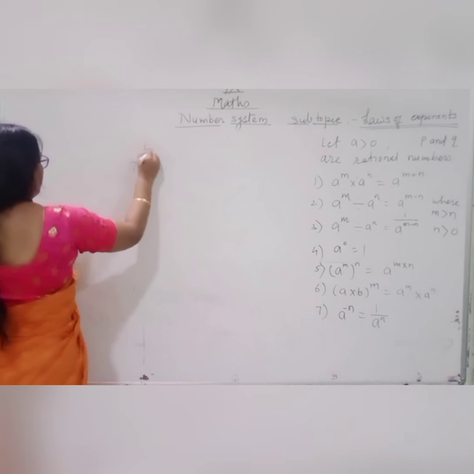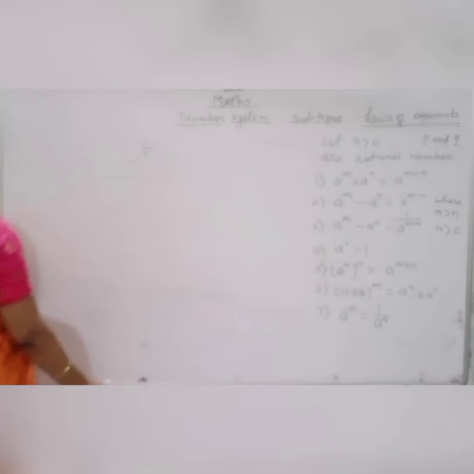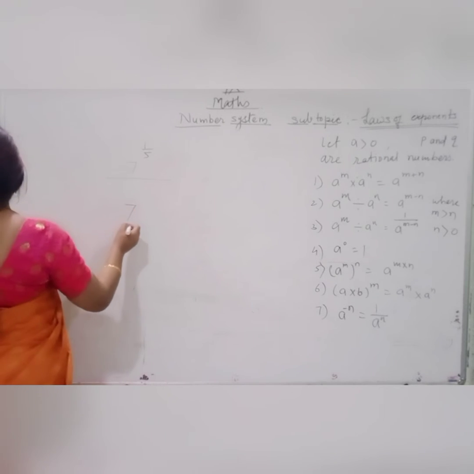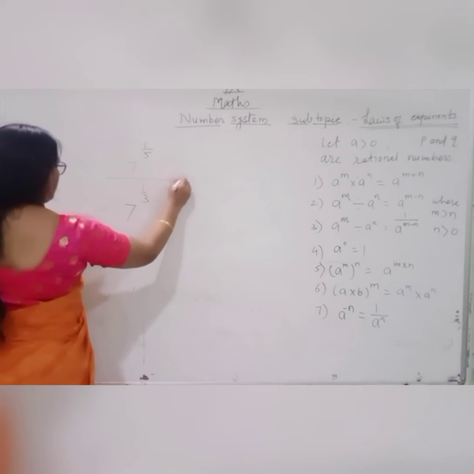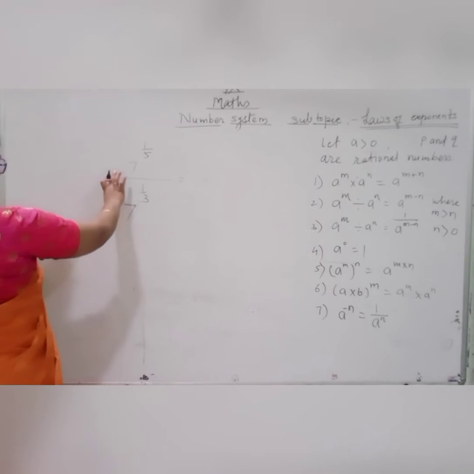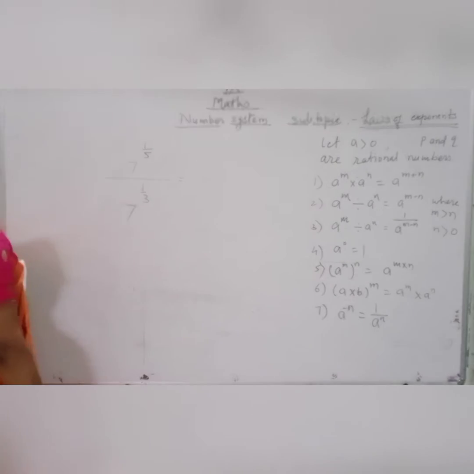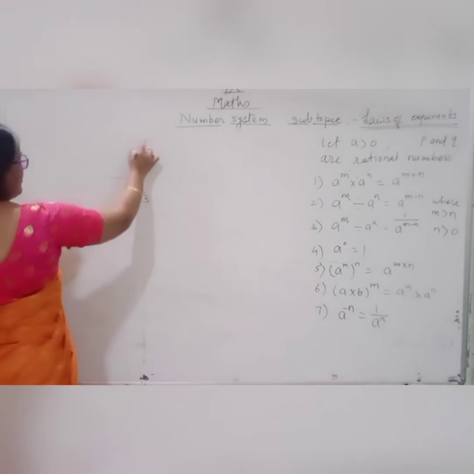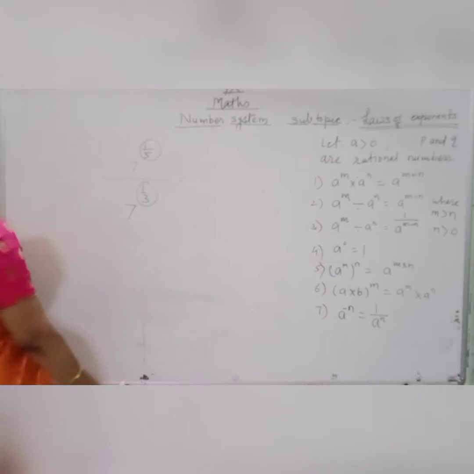7 raised to the power 1 upon 5 divided by 7 raised to the power 1 upon 3 is equal to, अब base is same but division is there, so take the subtraction of power, exponent or indices.